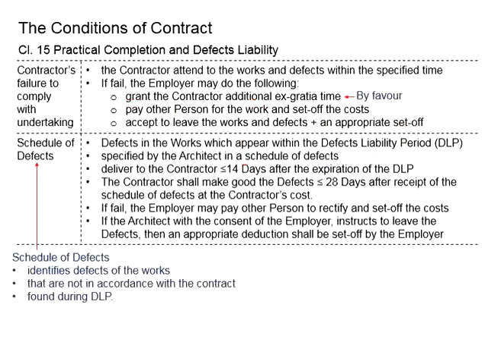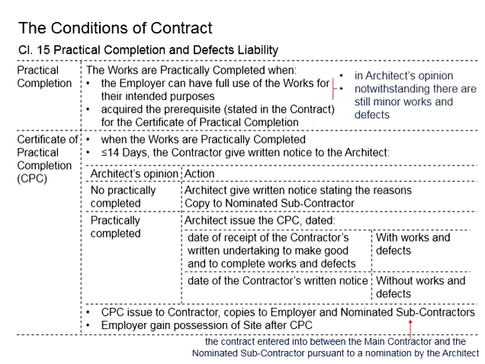Next, what if the contractor fails to comply with the undertaking of the pending works as well as the minor defects? We mentioned just now, if there are works and defects, the contractor will need to undertake those and make good of those.